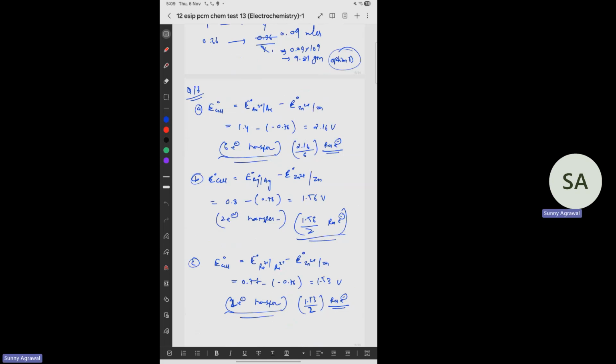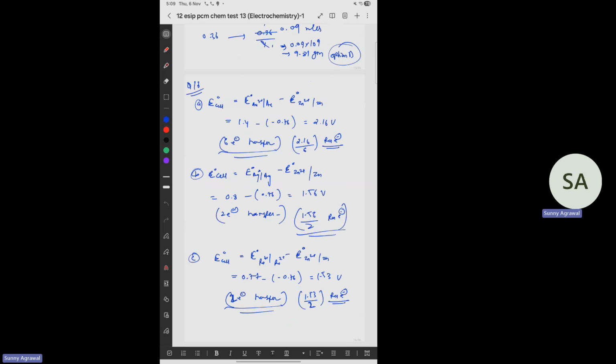First, for gold, the E cell will be 2.16, and after dividing it by 6 we get a value. Similarly, for silver and zinc we get 1.56 divided by 2.